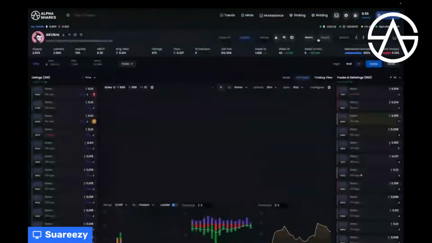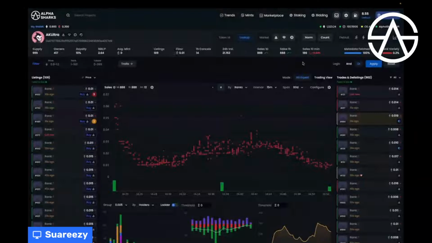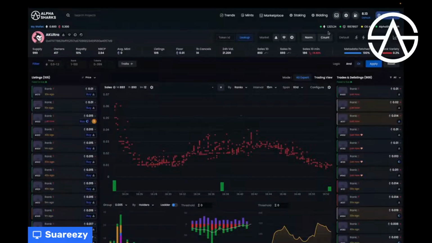So the count function is going to mess with the rarity algorithm that calculates the rank rarity. The count function gives you the algorithm for the per count on the rarity function.